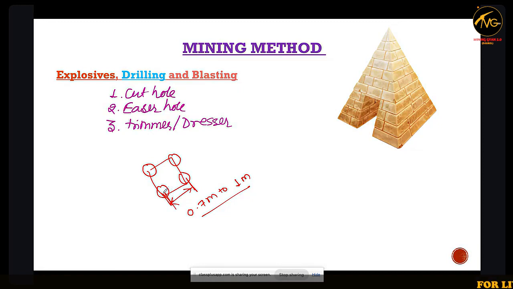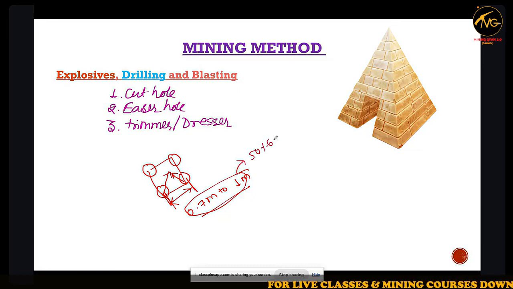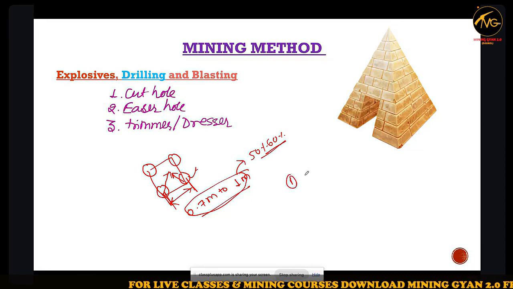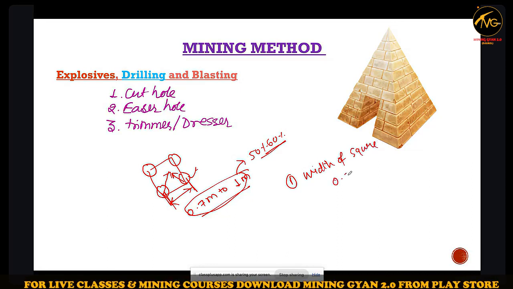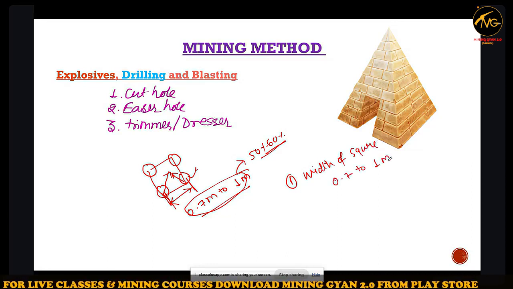And the second piece of information is that the depth of the hole should not be more than 50 to 60% of the width of the square. What I have discussed are 2 points. First point is the width of the square, which is 0.7 to 1 meter.